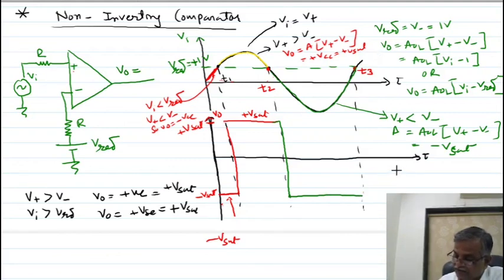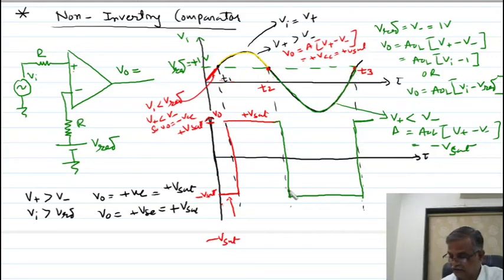Again after T3, up to T3 your input Vi given to the V plus terminal is less than V minus, so the output is negative.